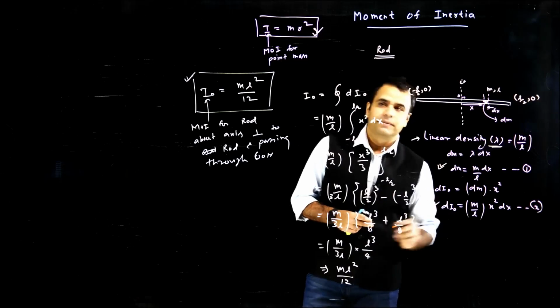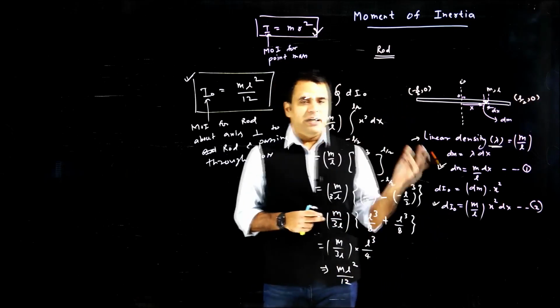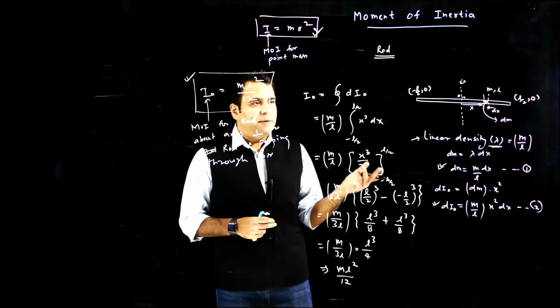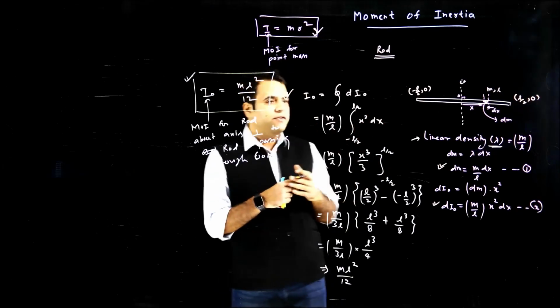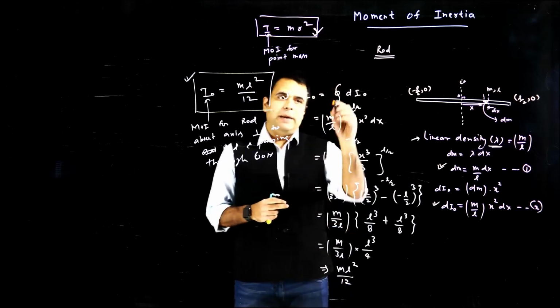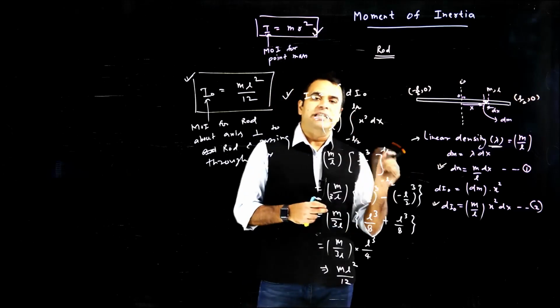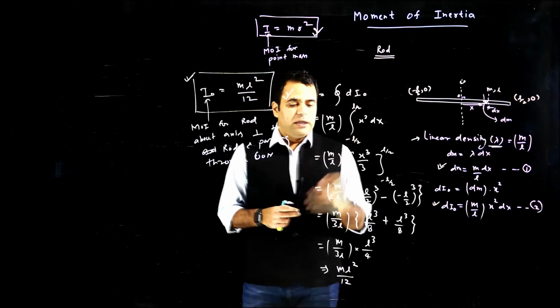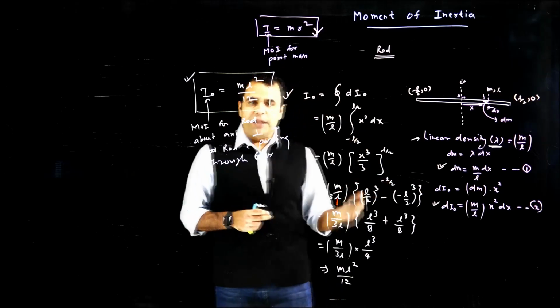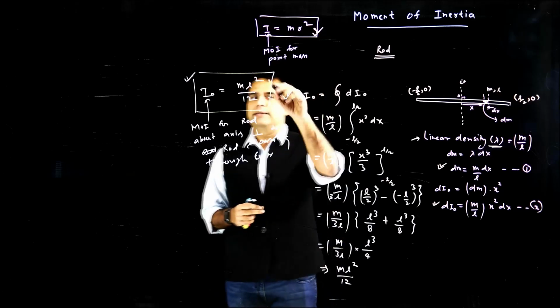After calculating the moment of inertia of the point mass about the given axis, we integrated that, because we need to calculate the moment of inertia for the whole object, keeping in mind that the axis has to be the same for each and every element. So this is the same formula we'll be using. After doing the calculation and putting in the upper and lower limits, this is the result we got.